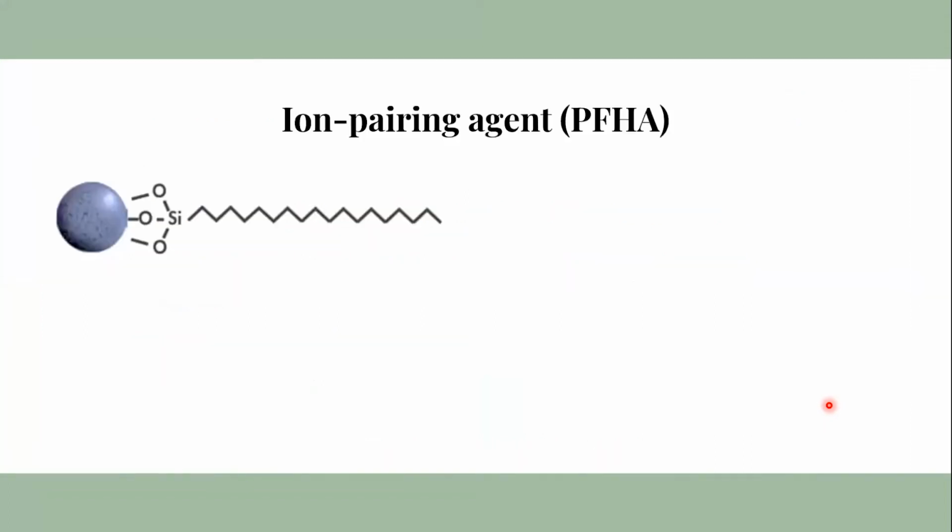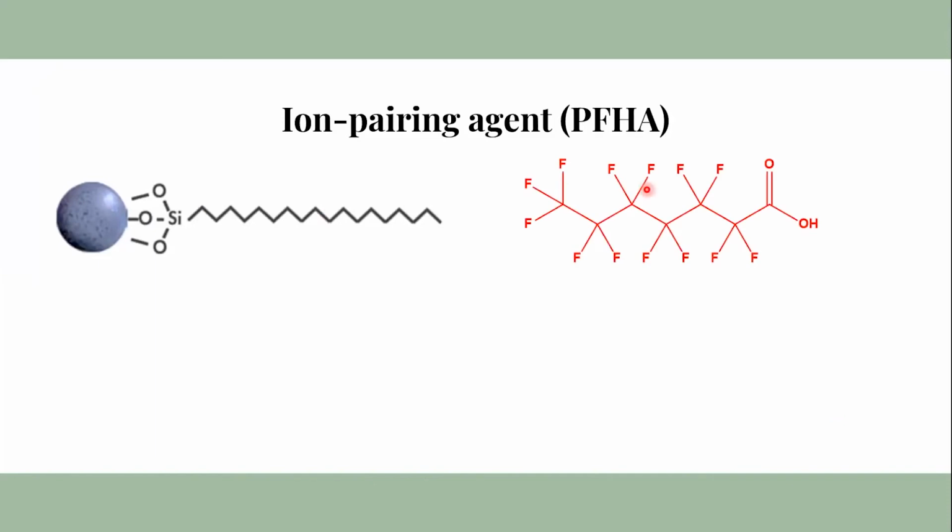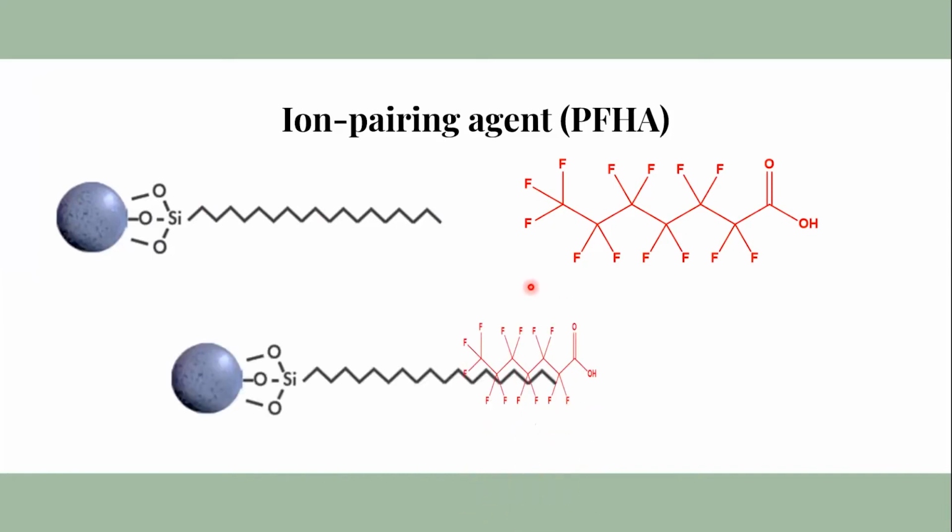As I mentioned, Gerard made use of an ion pairing agent. So the ion pairing agent, having a nonpolar end, binds to the nonpolar stationary phase, and this makes this stationary phase more hydrophilic and causes a better retention of the polar compounds.